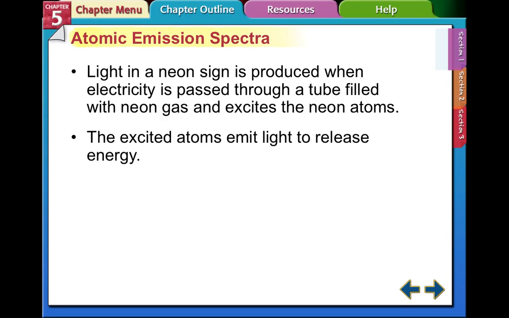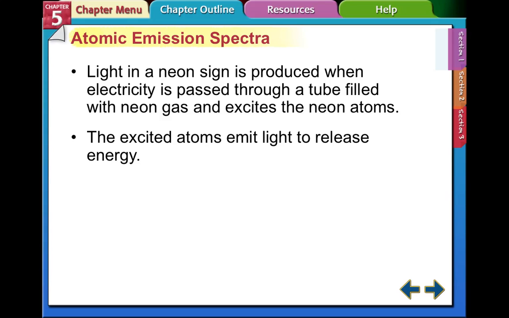Okay, now we're going to talk about the atomic emission spectrum. Okay, so have you ever been to a store that has had a neon sign? That neon sign is produced through the elements in the 18th column of the periodic table. Okay, those are all elements.